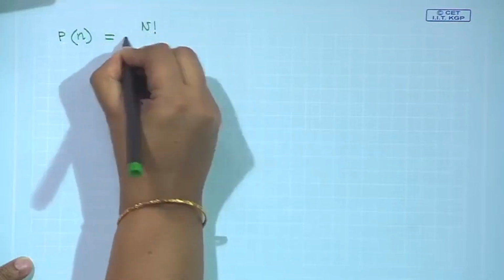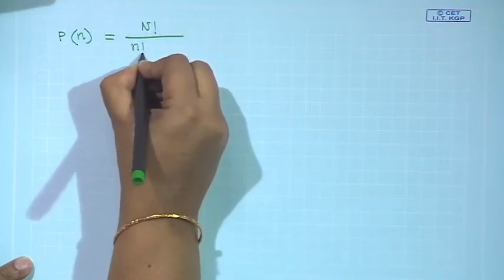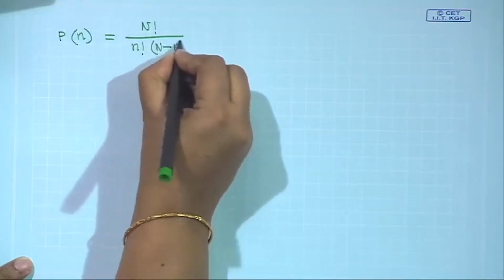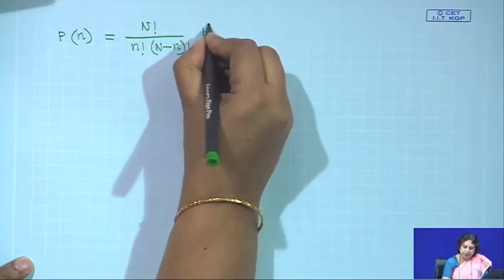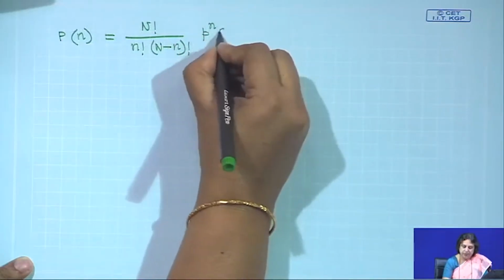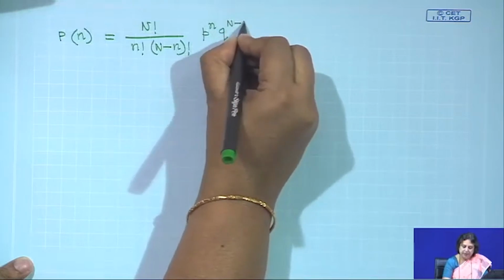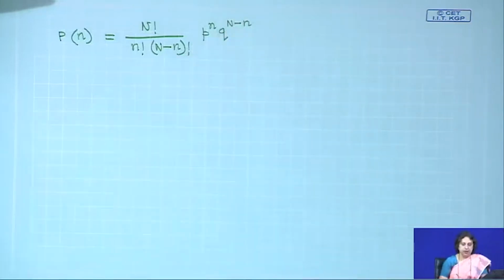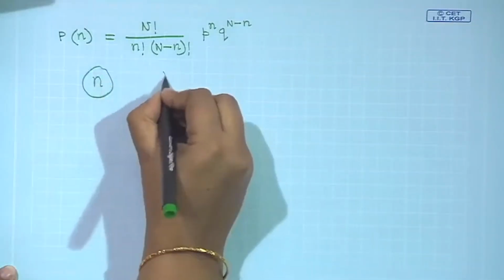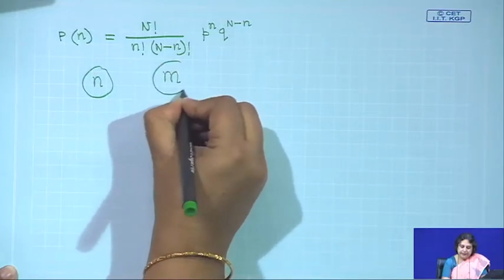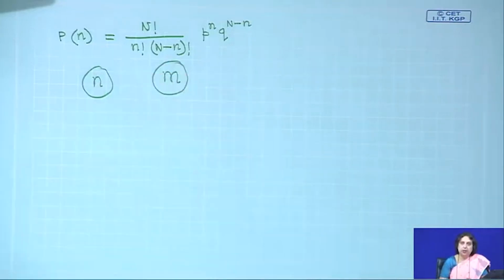capital N factorial divided by small n factorial into capital N minus small n factorial, into p to the power of n into q to the power of capital N minus small n. Now, the question that we are asking here is, instead of n, can I use m as the descriptor of my microscopic states? Why m?